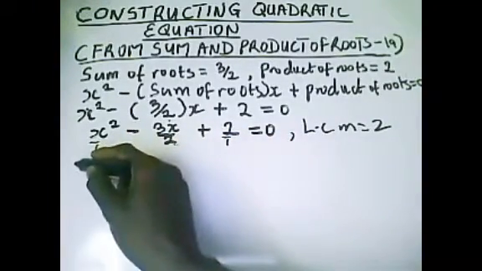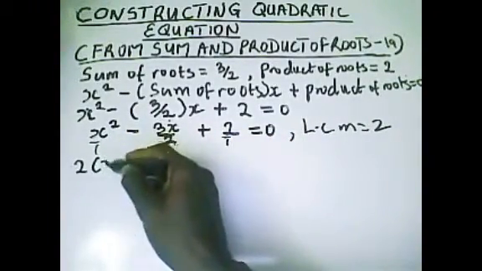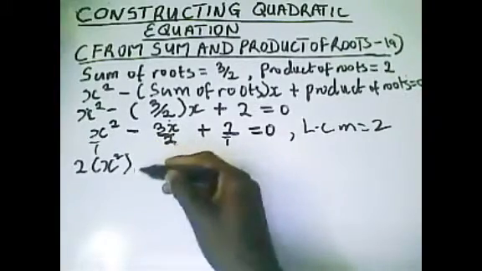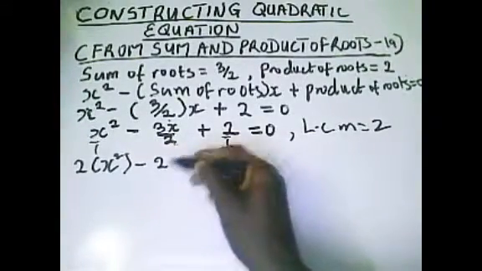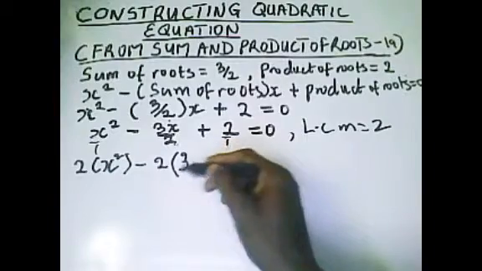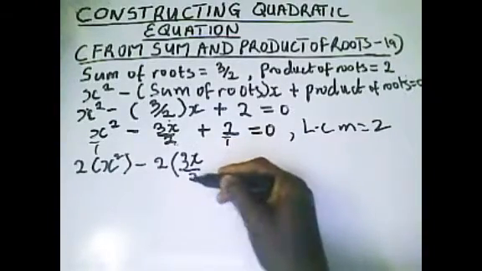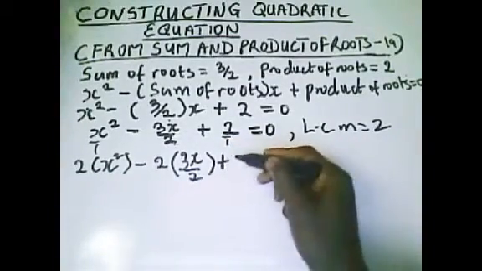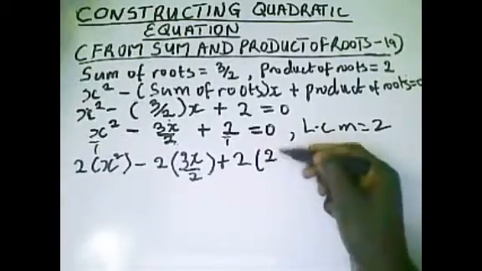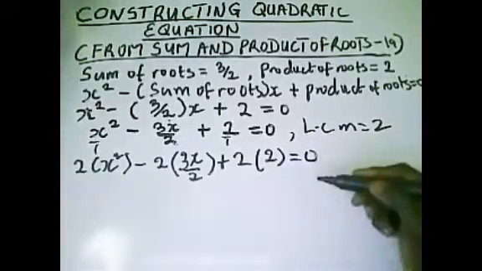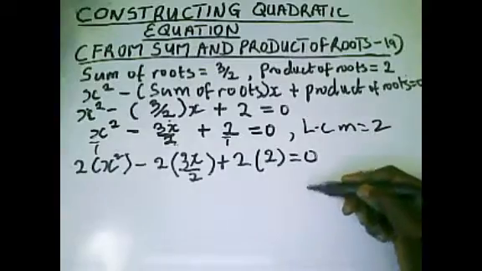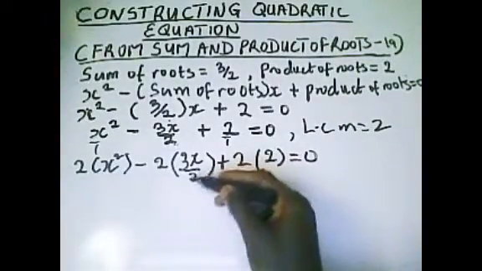So 2 multiplied into x squared, then minus 2 multiplied into 3x upon 2, then we have plus 2 multiplied into 2, everything equals to 0. Now the reason why we are doing this is so that we can clear the fractions here.